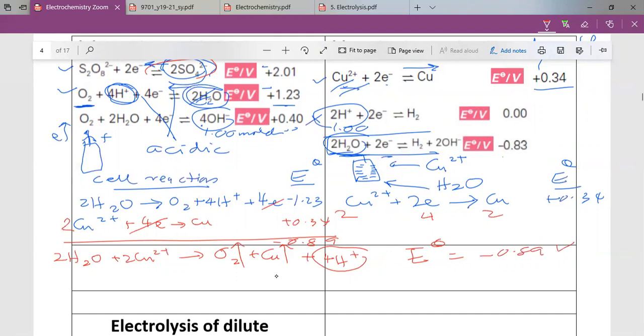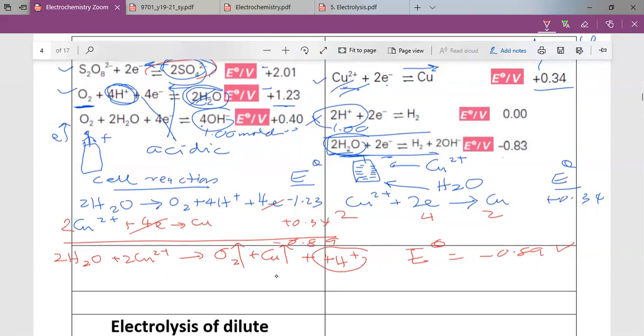That means to cause this to happen, sometimes the cursor is gone, to cause it to happen, it's not feasible, but it's feasible if I have an EMF, a cell that is more than this. This must be at least a minimum of plus 0.89 volts to overcome this resistance.